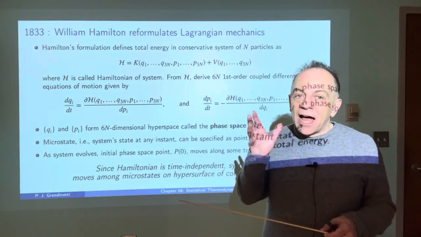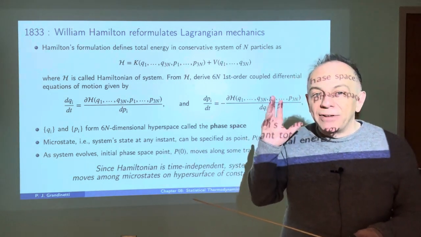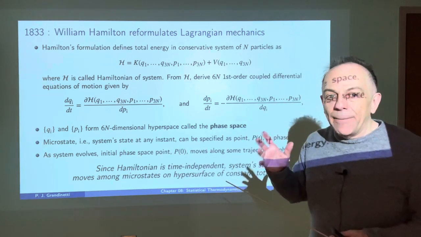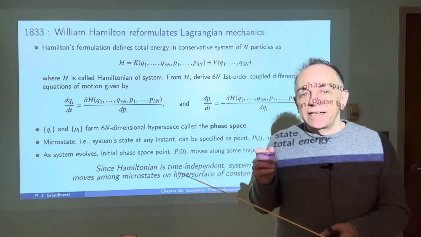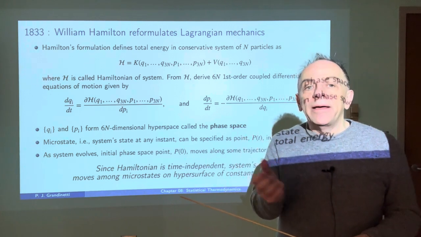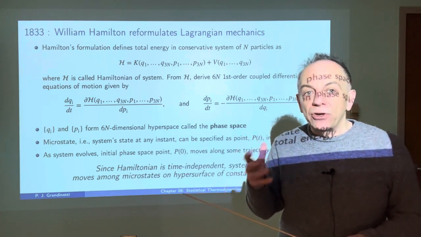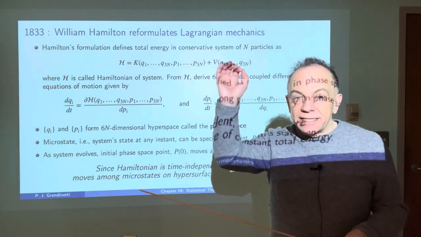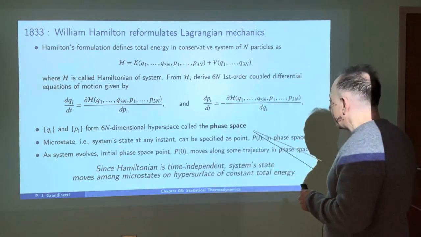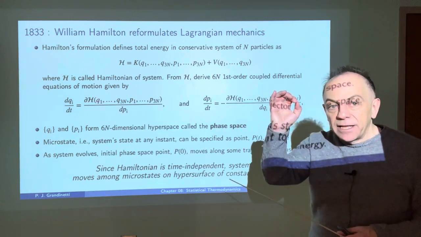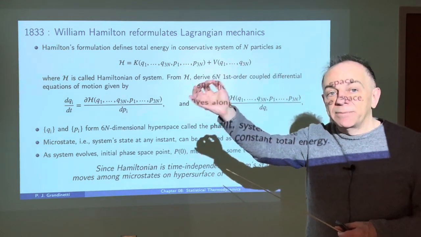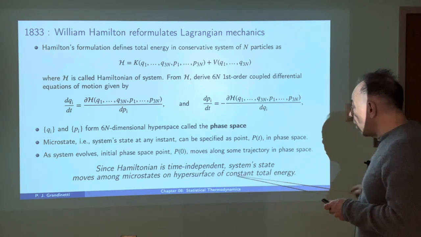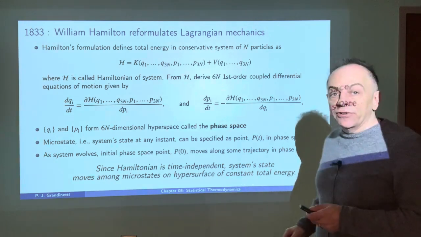I know that's a lot to digest, so go back and think carefully about this, but this is the underlying theory that Boltzmann builds his approach for counting microstates on. We see the microstate as just a single point in this phase space that, as the system evolves in time, undergoes some trajectory along some hypersurface.